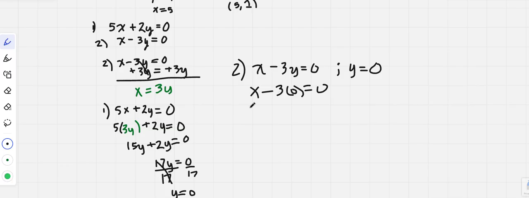And 3 times 0 is 0, so now we have x minus 0 equals 0. And we know that comes to just simply x equals 0. So our solution is (0, 0).